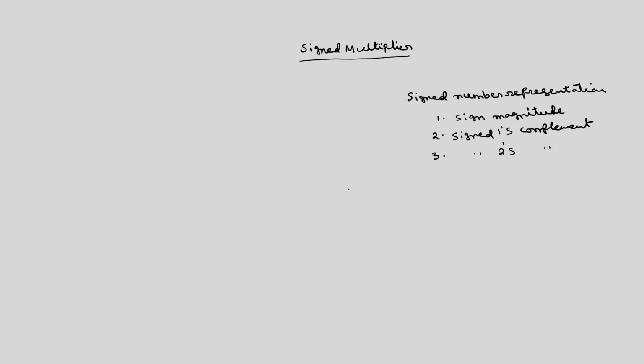If I want to explain these three number representations, suppose I want to represent plus 12 and store it in an 8-bit register.